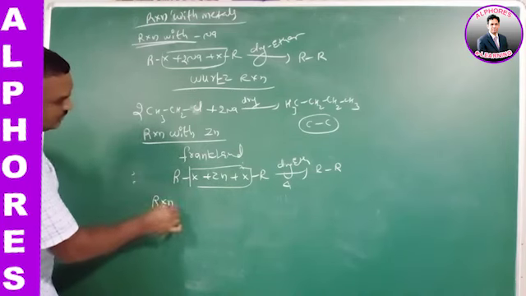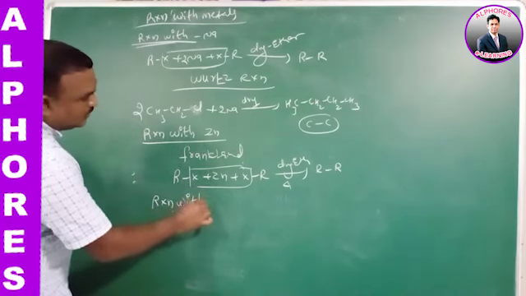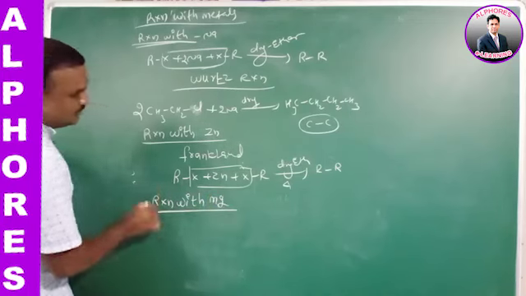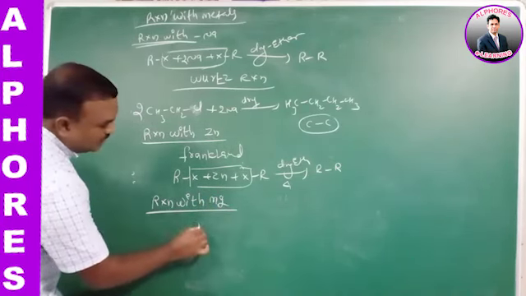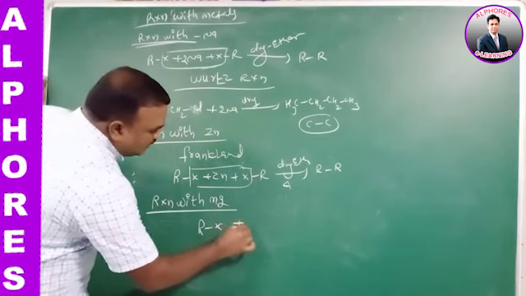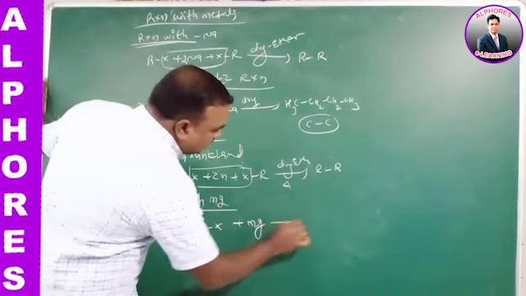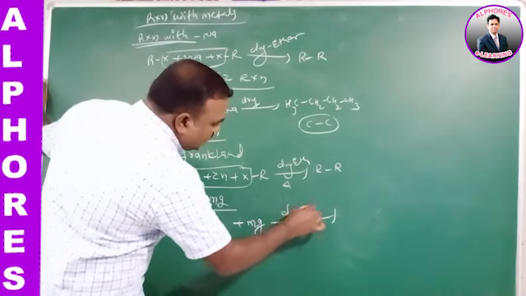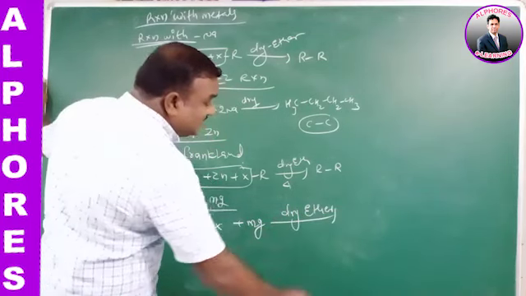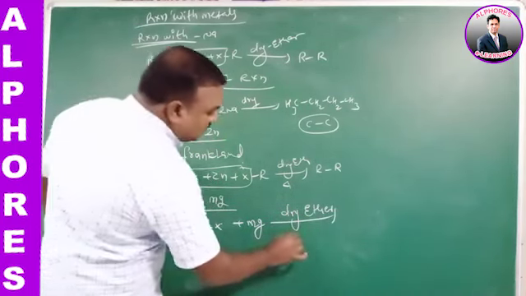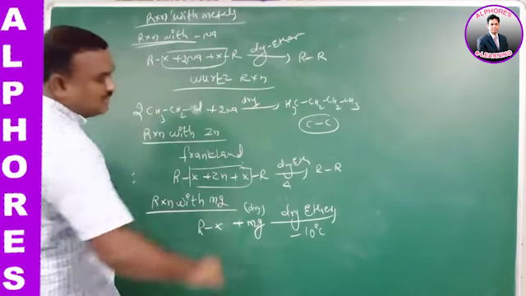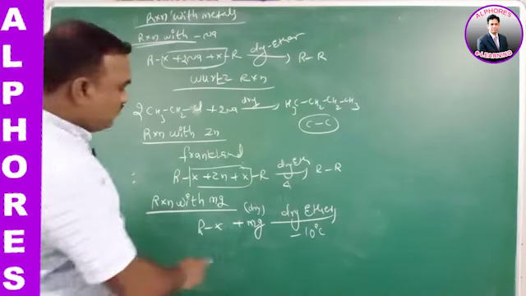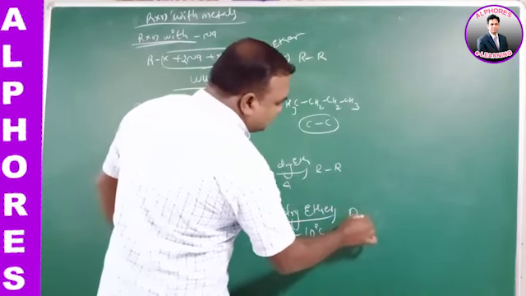Reaction with magnesium. Alkyl halide compounds react with magnesium in the presence of dry ether to form RMgX.